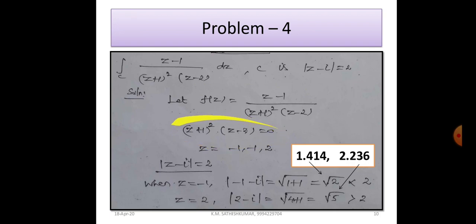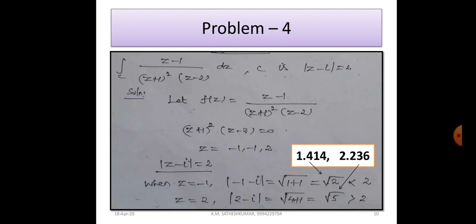Set the denominator equal to 0. So (z plus 1) whole square into (z minus 2) equal to 0. Here the power is 2, so z is equal to minus 1, 2. Our fourth step is to check whether the poles lie inside or outside the given circle, modulus of z minus I equal to 2.